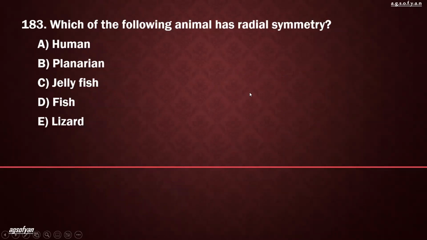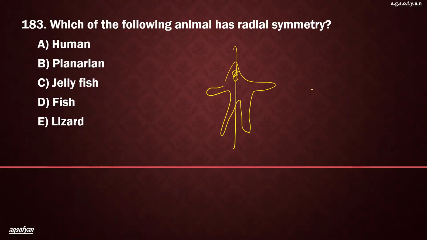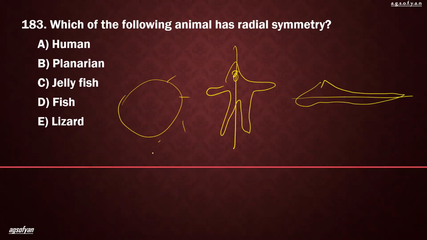Which of the following animals has radial symmetry? Human is like this. Okay, only one line. So this is bilateral. Planaria is like this. Okay, only one. It's going to be also bilateral. Jellyfish, if you see from above, is like this.